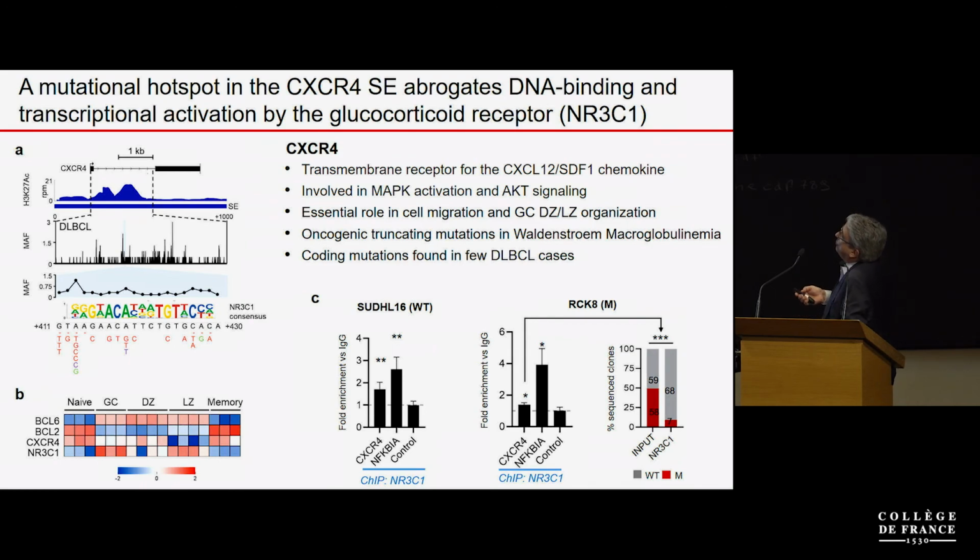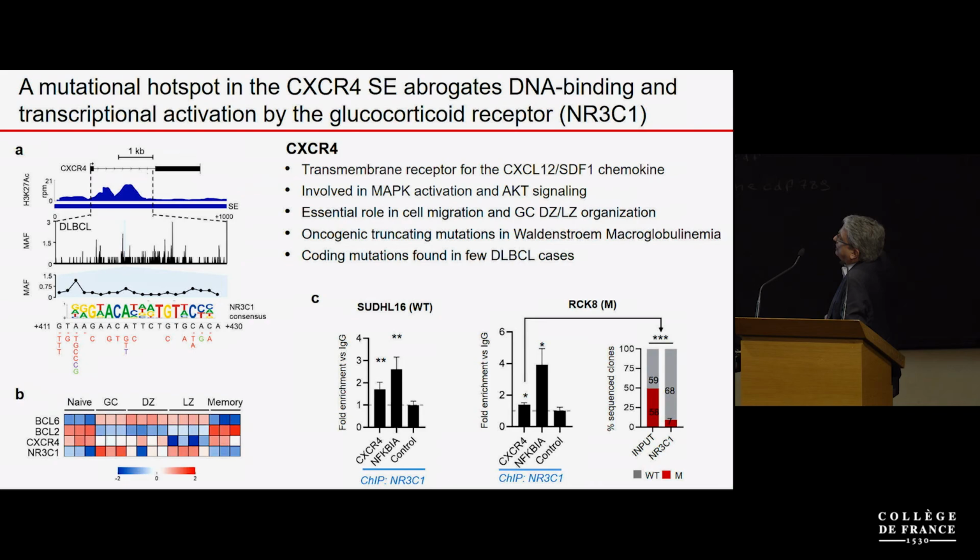The last I want to show you, maybe going fast because it's the same routine, is CCR4, a transmembrane receptor for the chemokine, already involved in tumorigenesis, with few coding mutations in LBCL and oncogenic dominant inactive mutations in Waldenström macroglobulinemia, again with inverse expression and prediction of NR3C1.